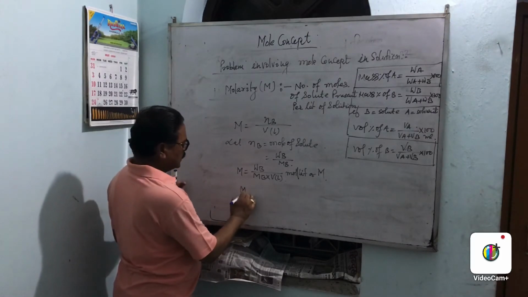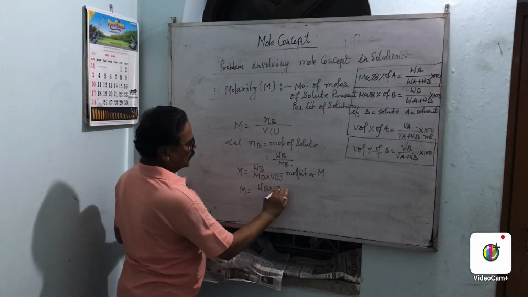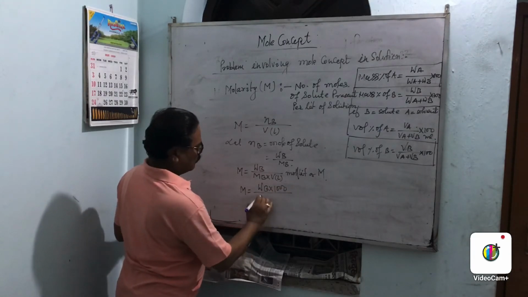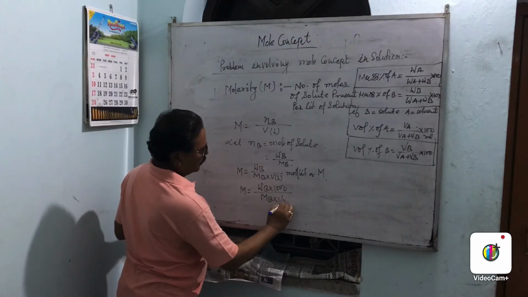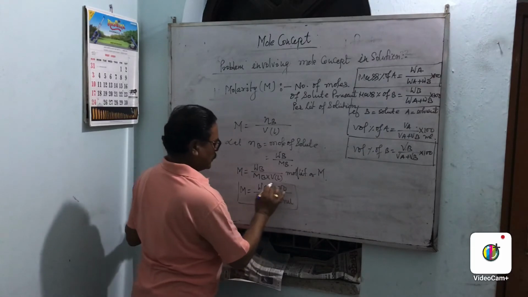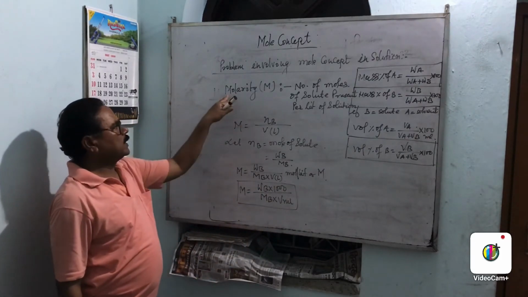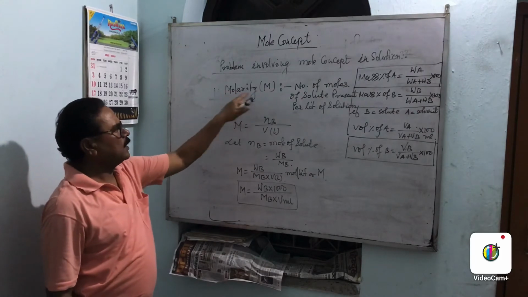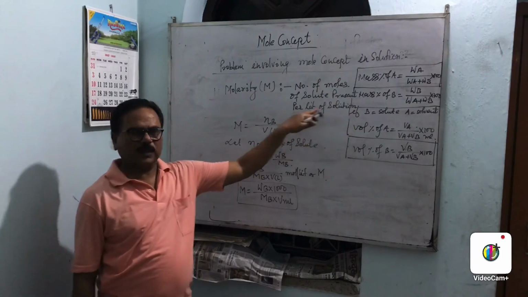Now if the volume is in milliliter, then it is WB into 1000 by MB, divided by V in milliliter. So this is the mathematical expression for the molarity. And what is the molarity, if it is asked? The number of moles of the solute present per liter of solution. This is the definition.